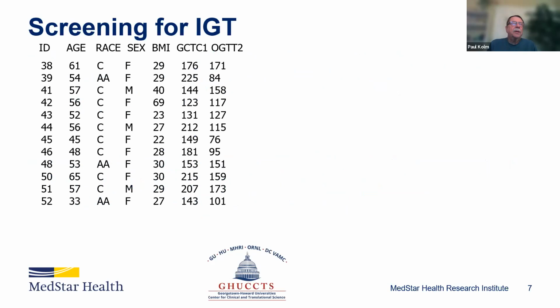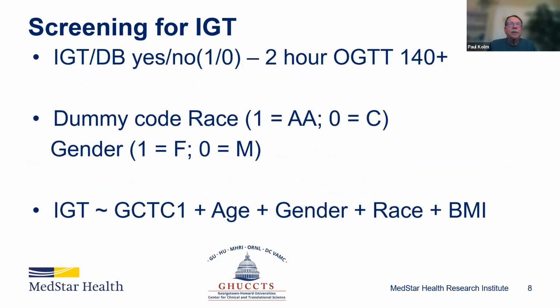And so this is what our data would look like. We have age, race, sex, BMI, and then the 2 glucose tests are continuous variables, but we're going to do a couple of different tests here where we're going to dichotomize the 2-hour test.